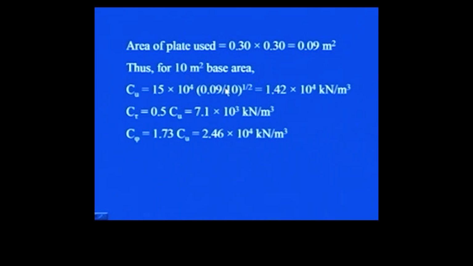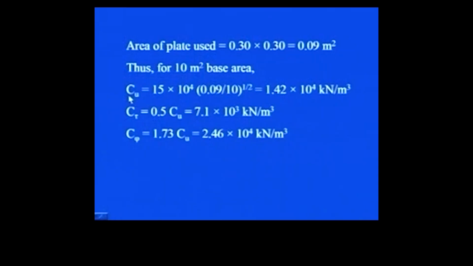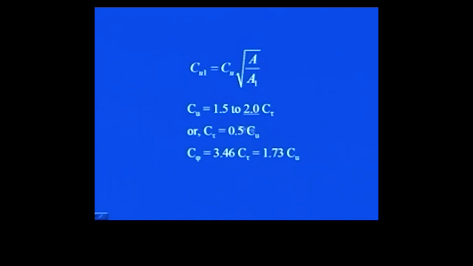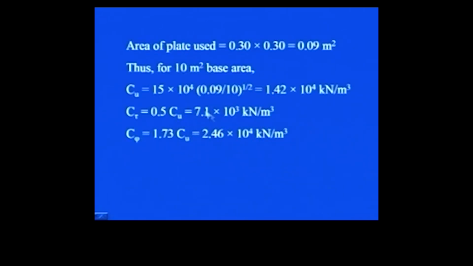Let us say if it is more than 10, then you have to restrict it to 10. If you solve this expression, you will get this value of Cu to be equal to 1.42 into 10 to the power of 4 kilonewton per meter cube. Then using this expression, C tau is equal to 0.5 times Cu, where Cu is now 1.42 into 10 to the power of 4. So, this will become 7.1 into 10 cube kilonewton per meter cube.